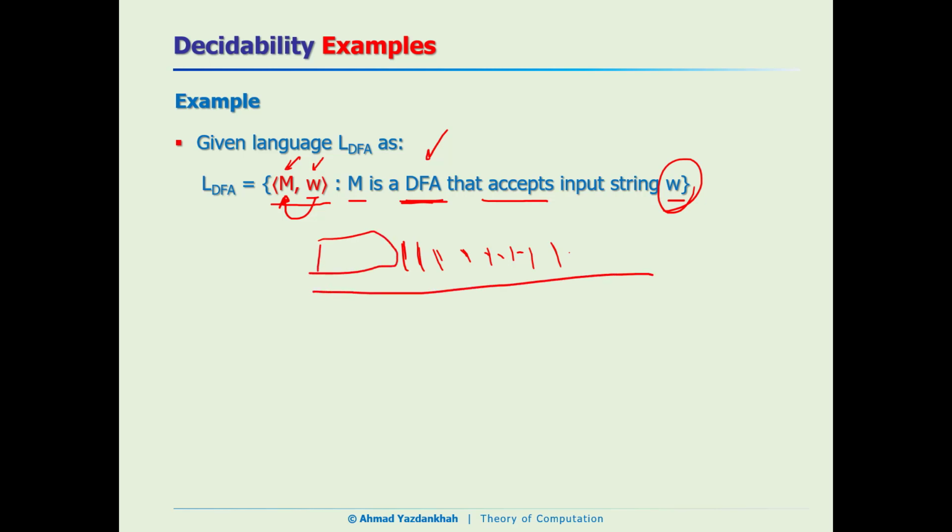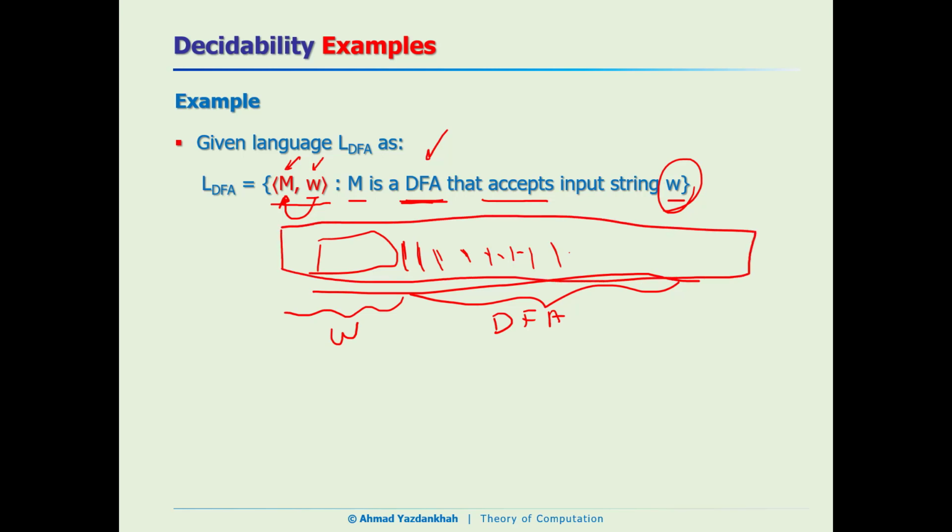So we will have a string, the description of the DFA, and the encoded string W. You see, we can convert everything to a string. So we have a language whose strings look like this. So this is a language, in fact.